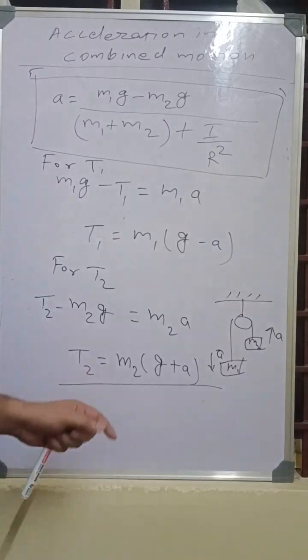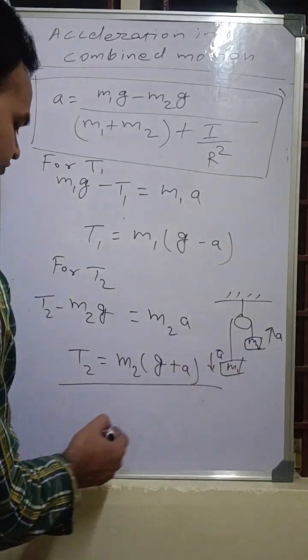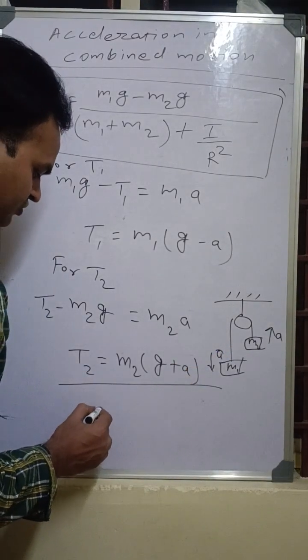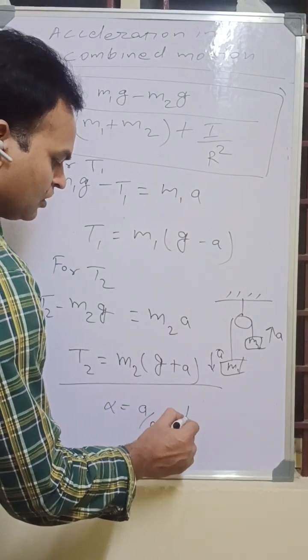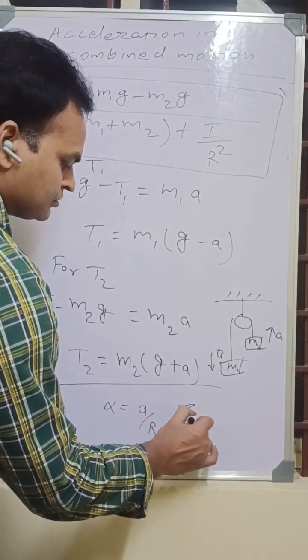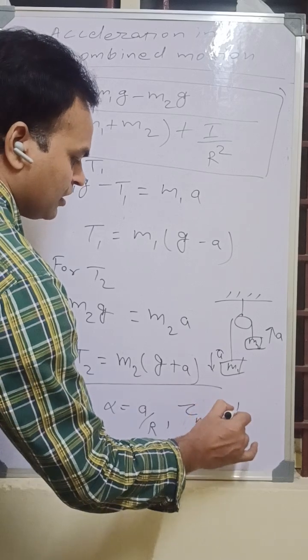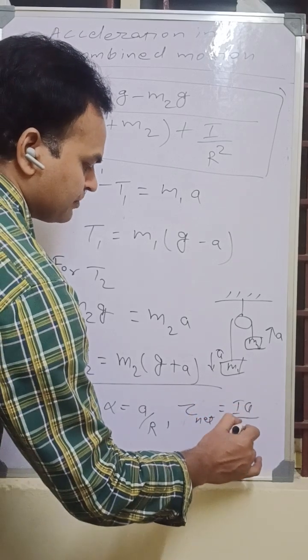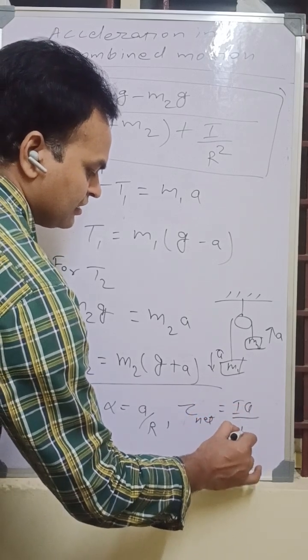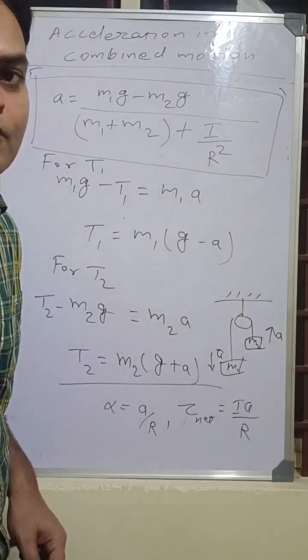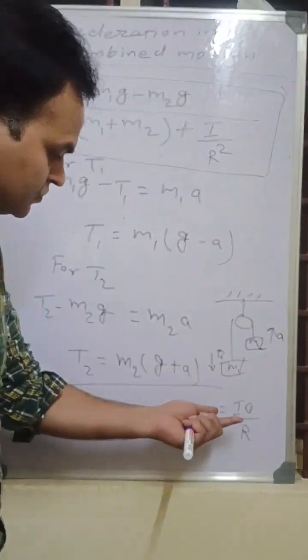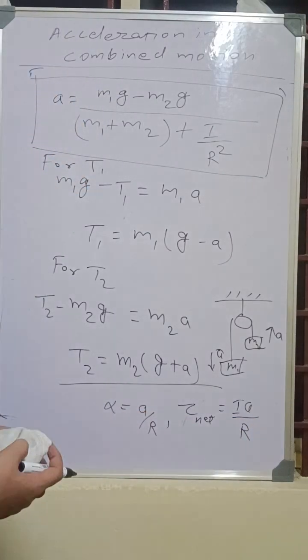So we can write directly, and you can find alpha also, as A by R, and net torque, net torque equal to I into alpha. So I into A by R, put the value of A and I, and you will have the value of net torque on the pulley.